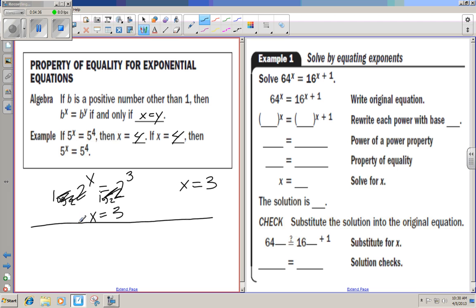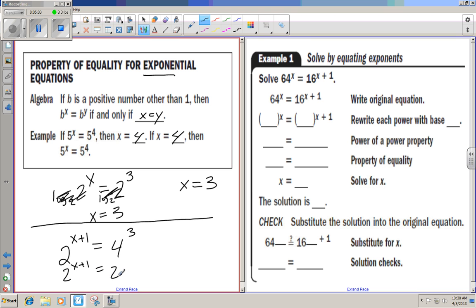Now, in the first example, if the bases are not the same, like if this is 4 to the 3rd, well, 4 and 2 are not the same. So you have to first say, I wish 4 was a 2. And you have to use exponents. So this ends up being 2 to the x plus 1.